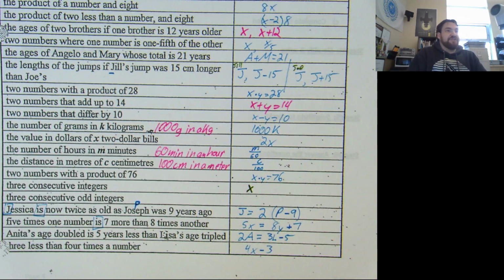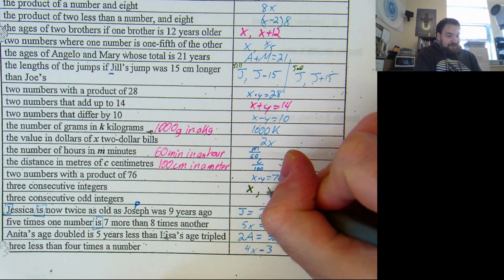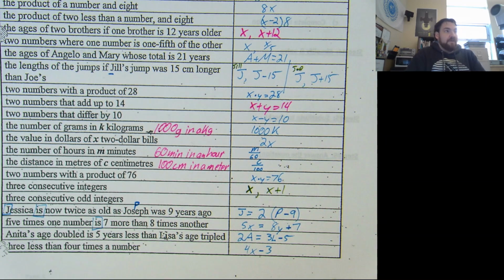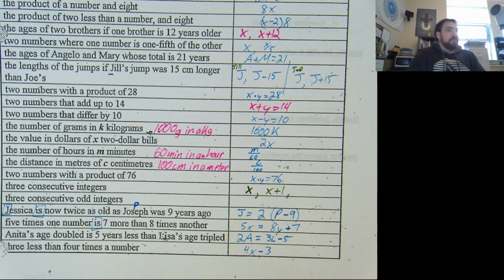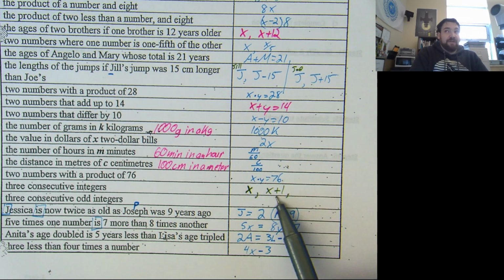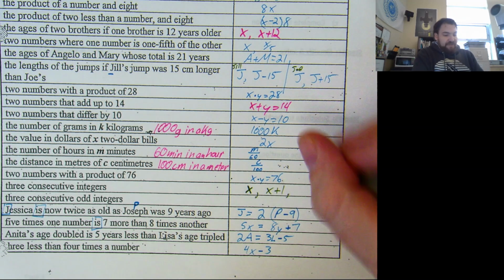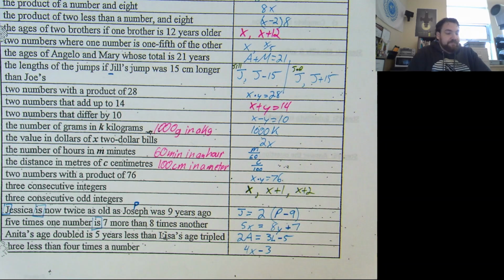To get from one integer to the next integer, what do we have to do? To get from 1 to 2, we add 1. So if the first integer is x, the second one is going to be x plus 1. And then to get to the next one, we add 1 to this one. Well, x plus 1 plus 1 is just x plus 2.